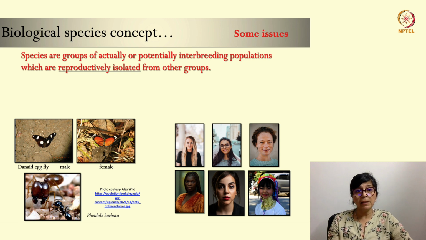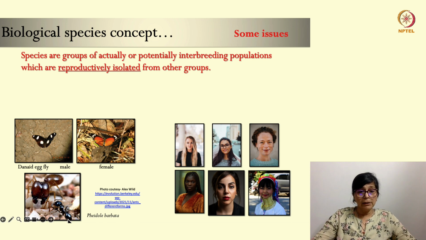Confusion comes when species or groups are actually or potentially reproducing. As I said in my previous slides, these are male and female. You can see in this ant species, one big ant, the queen, whereas these small black ones are workers.